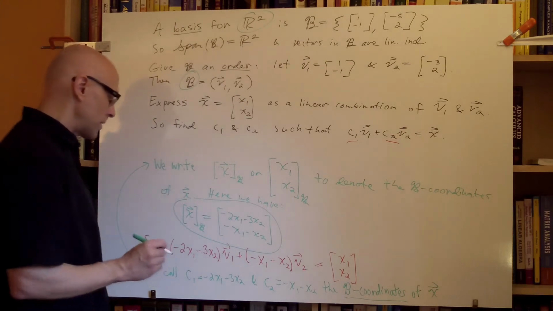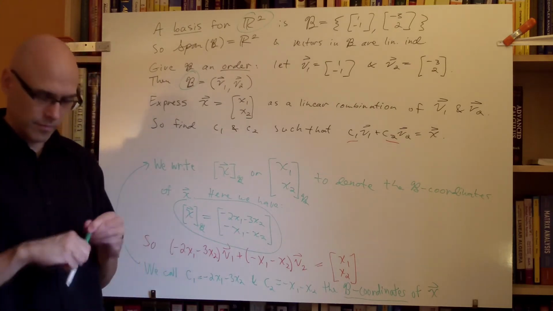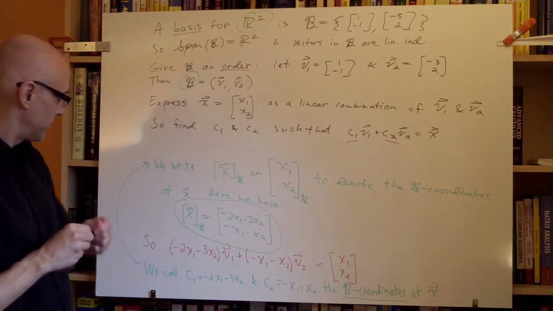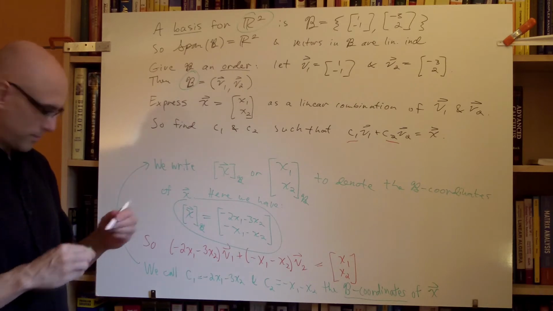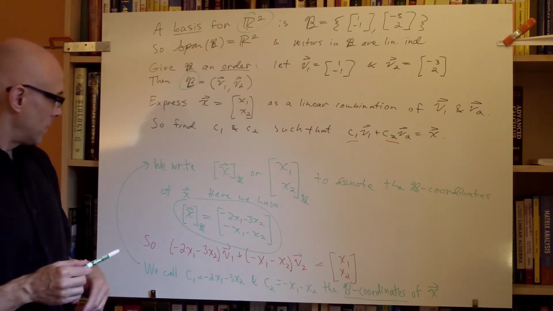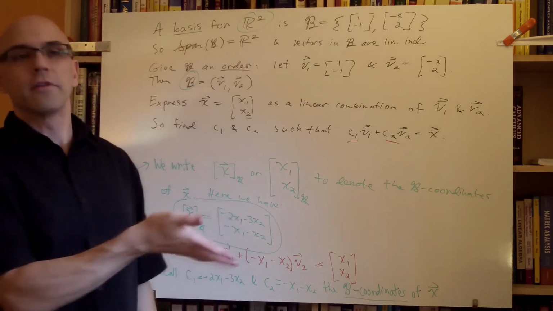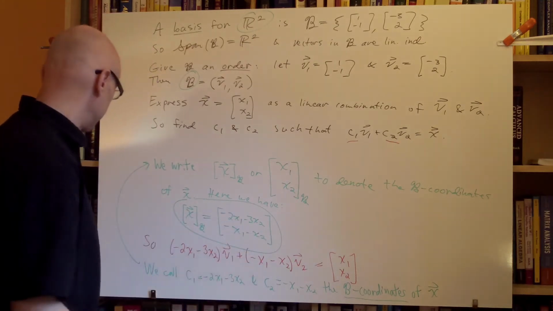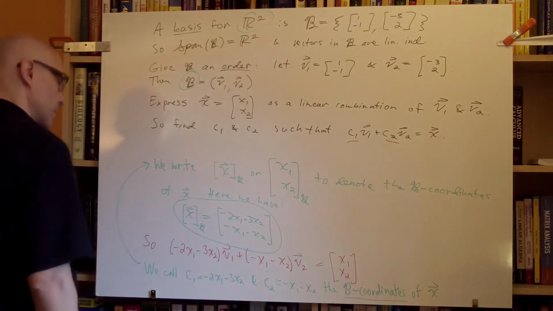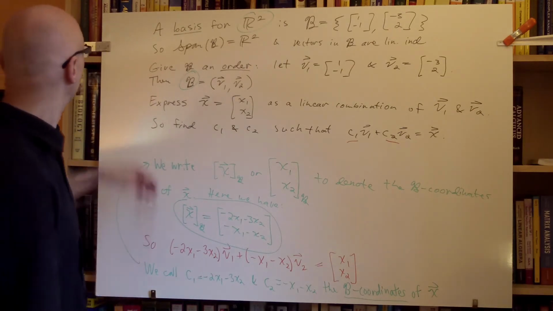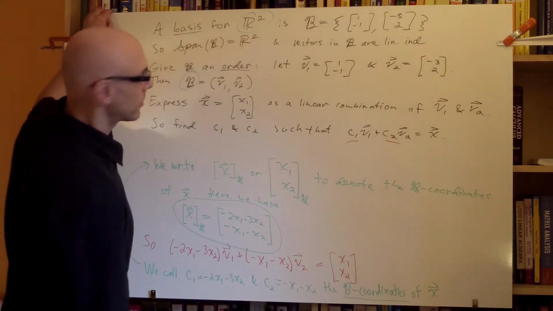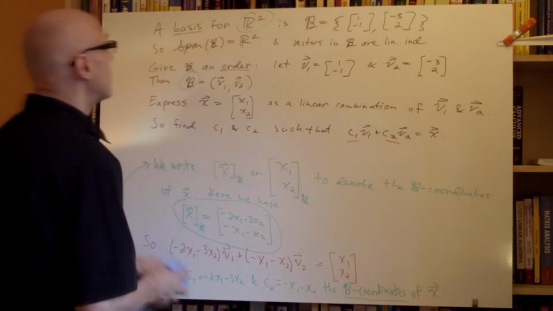So those are the B coordinates of an element of R2. So now I need a definition. We should just give a general definition here. I think I can start erasing some stuff up here.